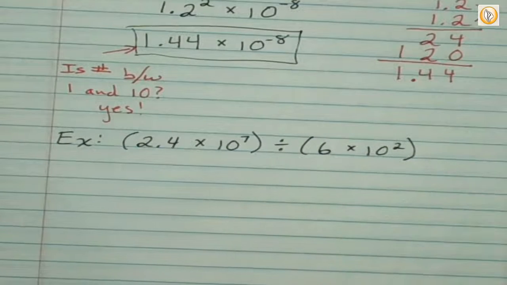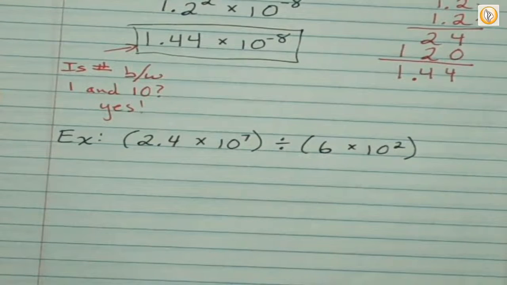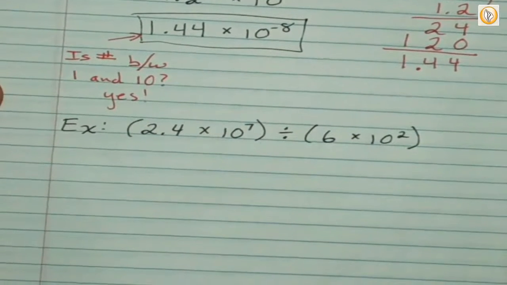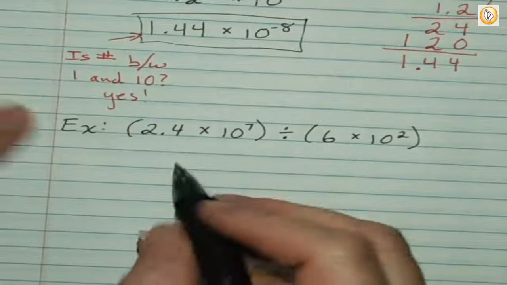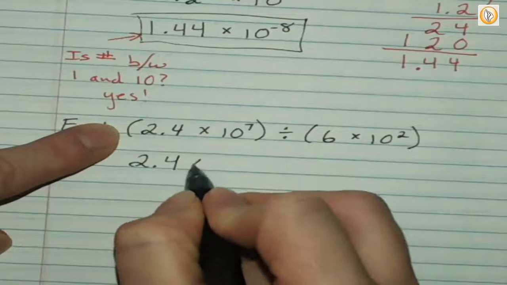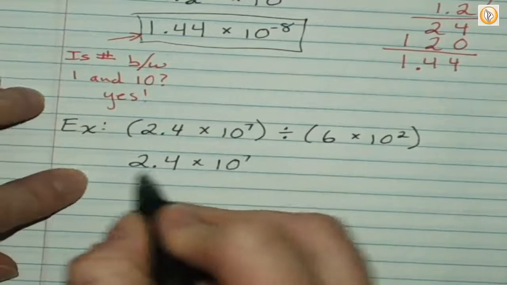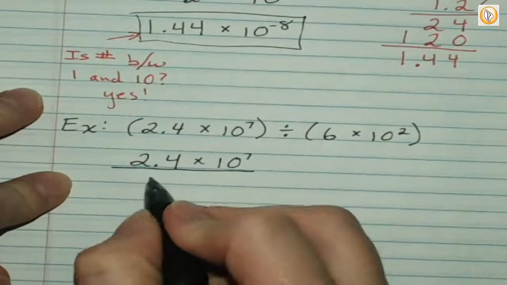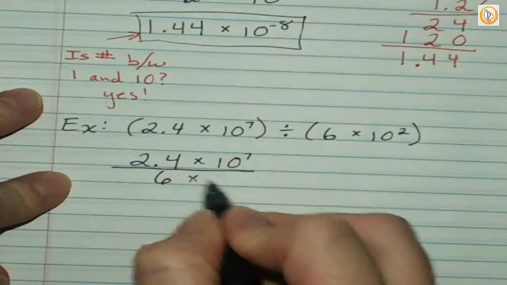Unlike multiplication where all you're doing is grouping basically and solving, which is fairly easy, this one you're going to set it up differently. Y'all ready? You're going to set it up on top of each other. I'm going to take this one, 2.4 times 10 to the 7th power, put a fraction bar, and then put the other one directly underneath.